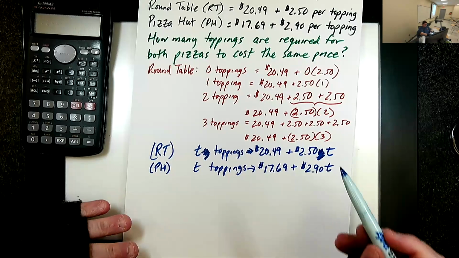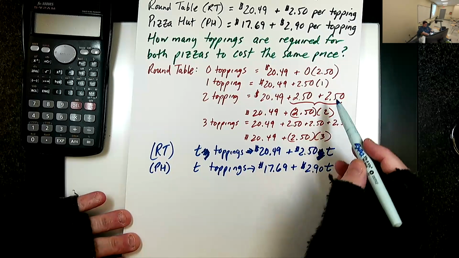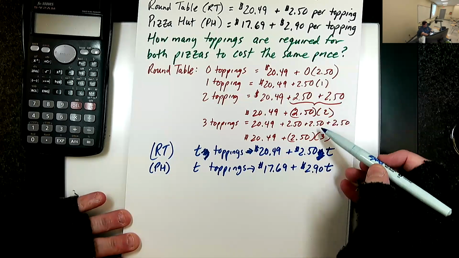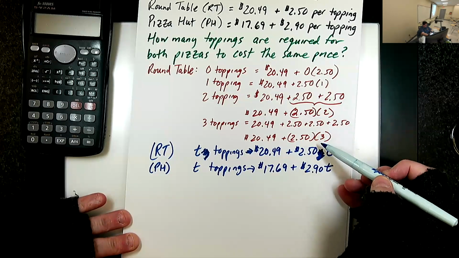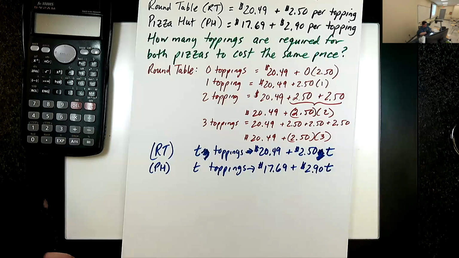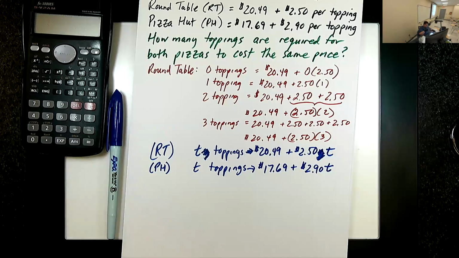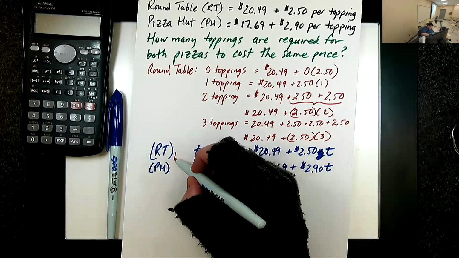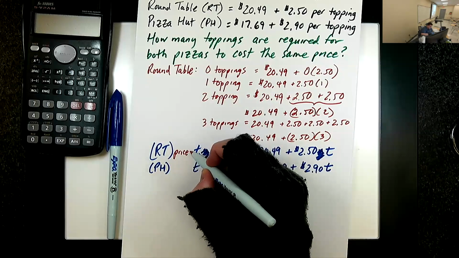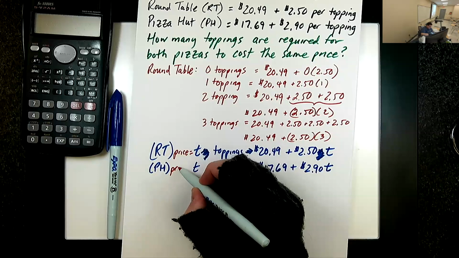Okay, so if I work this out, what is each one of these things I'm listing right here? That's the price of the pizza, right? This is the price. So the price of the Round Table pizza and the price of the Pizza Hut pizza.